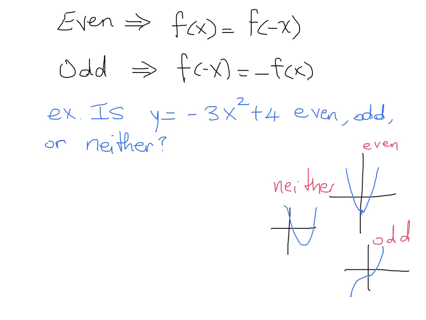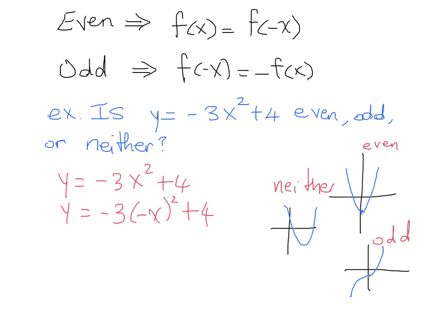All right, our original function here is y equals negative 3x squared plus 4. I'm going to go ahead and substitute in negative x for x. So we have y equals negative 3 times negative x squared plus 4.